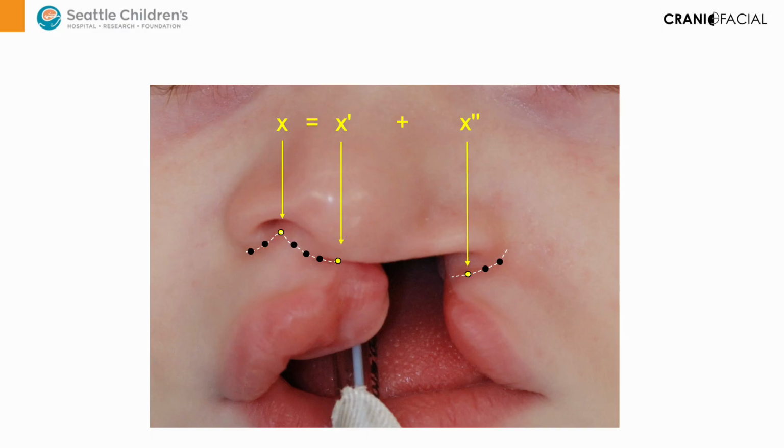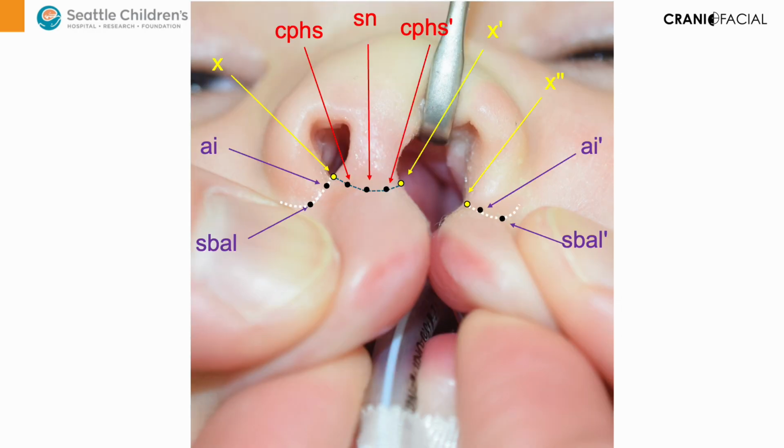We use the creases along the base of the columella as well as the base of the ala in order to find where those landmarks belong, and then we just simply measure off the corresponding distances from the non-cleft side so that when we bring those 2 points together, it should produce the nose we want. And ultimately, this is the test. When we bring those 2 points together, are we happy with how things look?